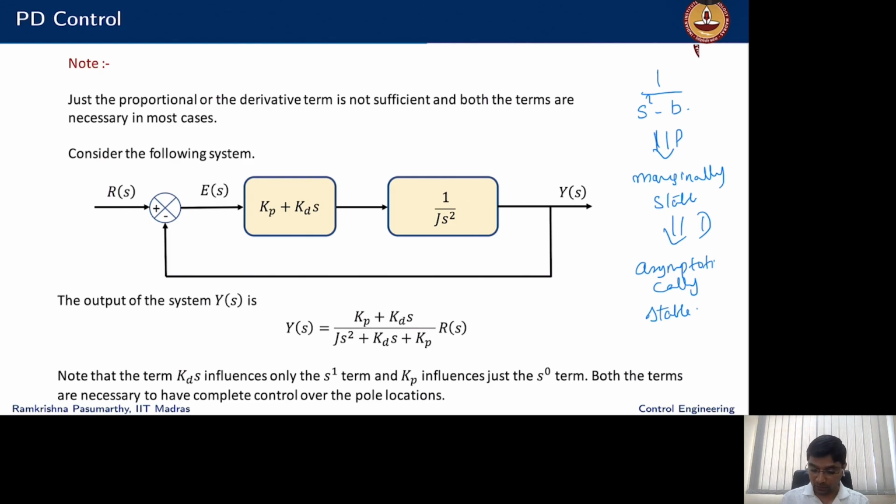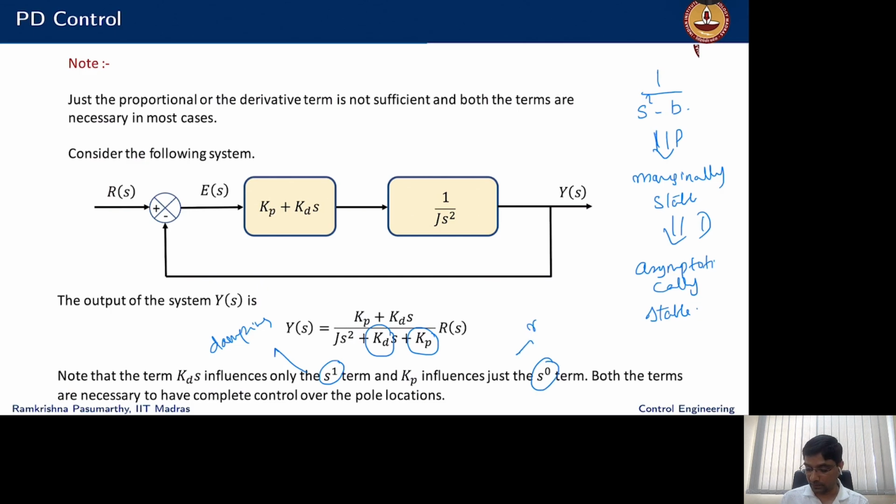Okay, so now look at where each of these terms sits. The Kp term sits here, and the Kd term sits here, right? So Kd s influences only the s power 1 term, and this is necessarily for damping injection. And Kp influences the s power 0 term.